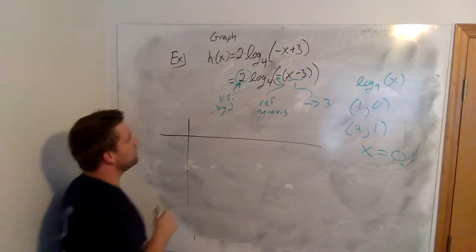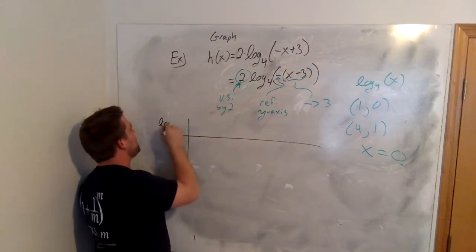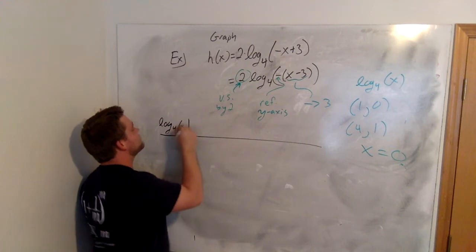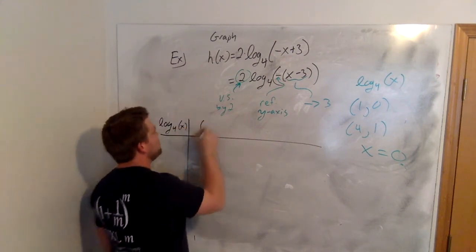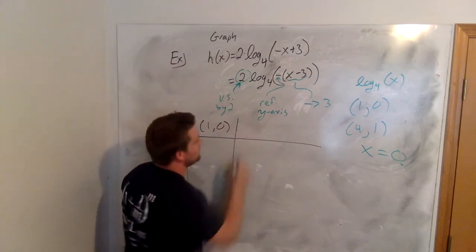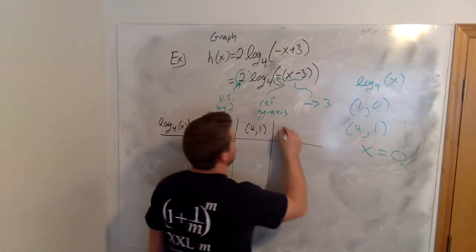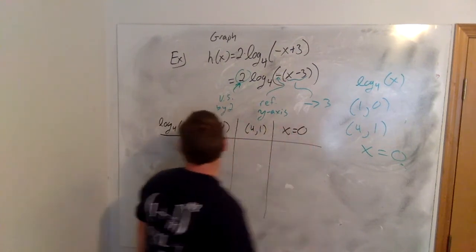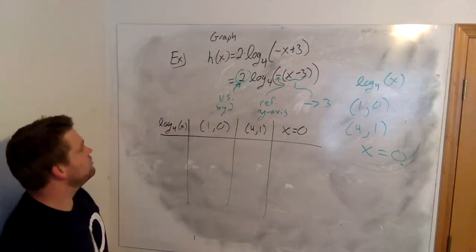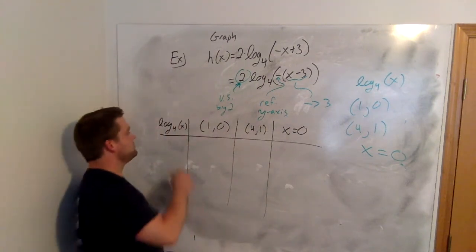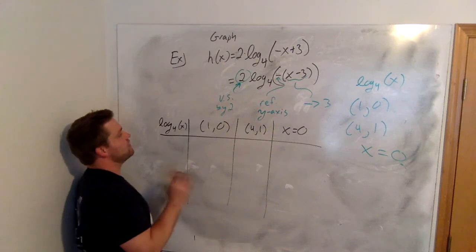Okay, so we have log base 4 of x. We have the point 1, 0. We have the point 4, 1. And we have the vertical asymptote x equals 0. We've got to do reflections and stretches first.